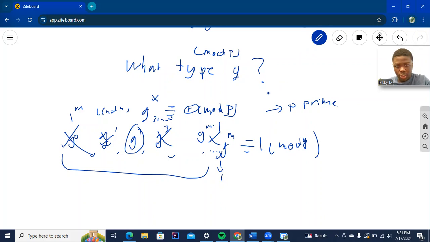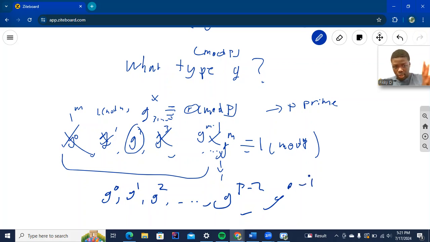Basically, if we're using mod p, we would want G to be a primitive root, which means that G to the 0, G to the 1, G squared, all the way to G to the p minus 2. And by Fermat's little theorem, it's going to be 1 when it's there.